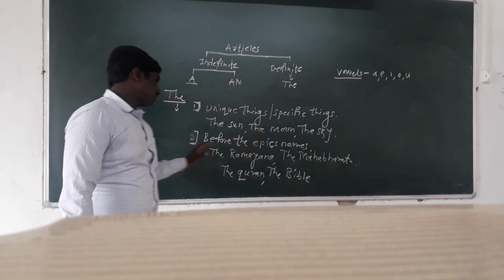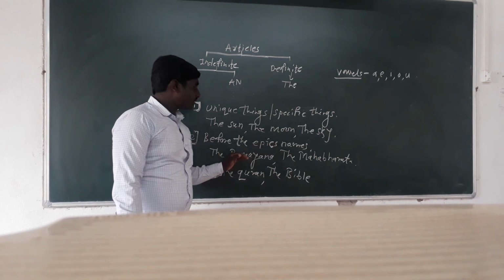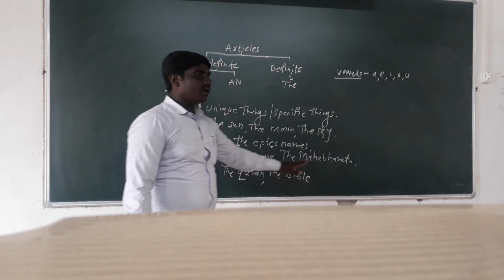These are the epic names, and before the epic names, we should use the article. For example, the Ramayana, the Mahabharata, the Quran, and the Bible.